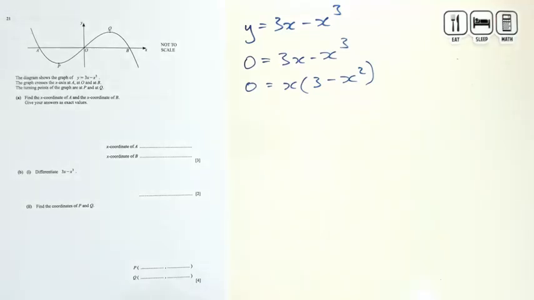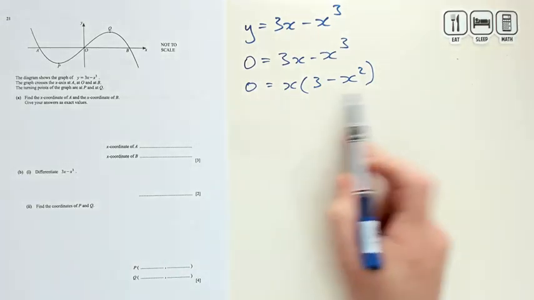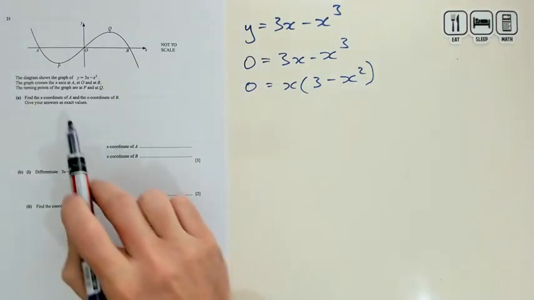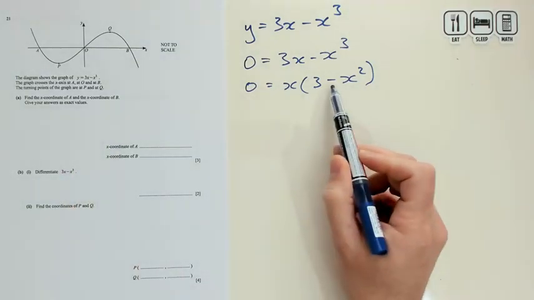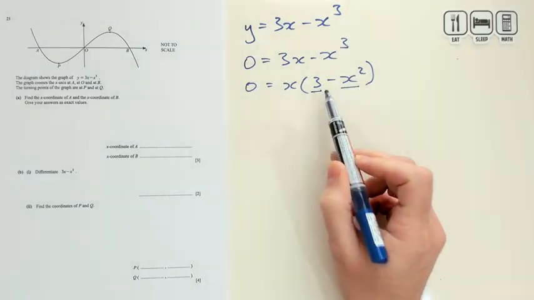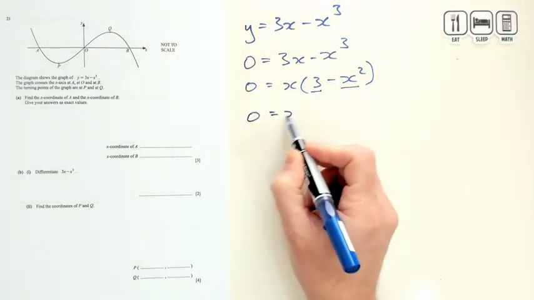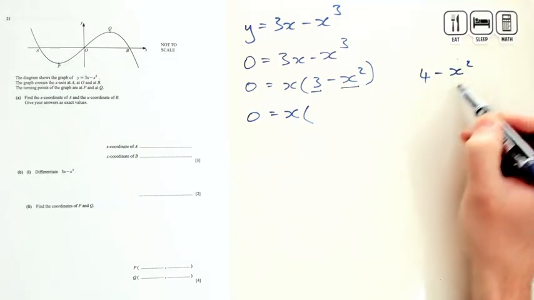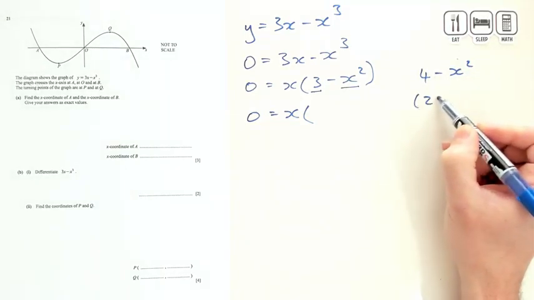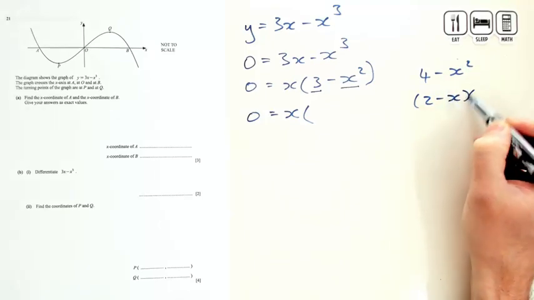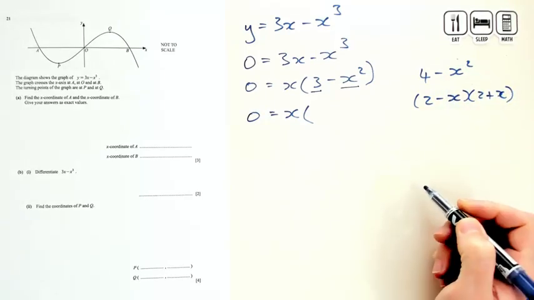Now, here you might say, well, it's all factorized now. What do I do now? But because they said exact values, this is kind of the difference. This is a square number, but this is not a square number. Like if I had something like this, then I could factorize that to 1 minus x and 1 plus x.